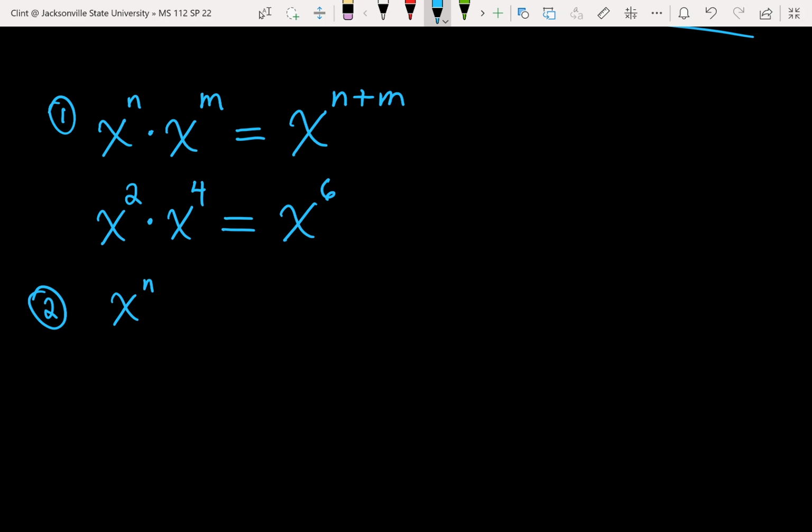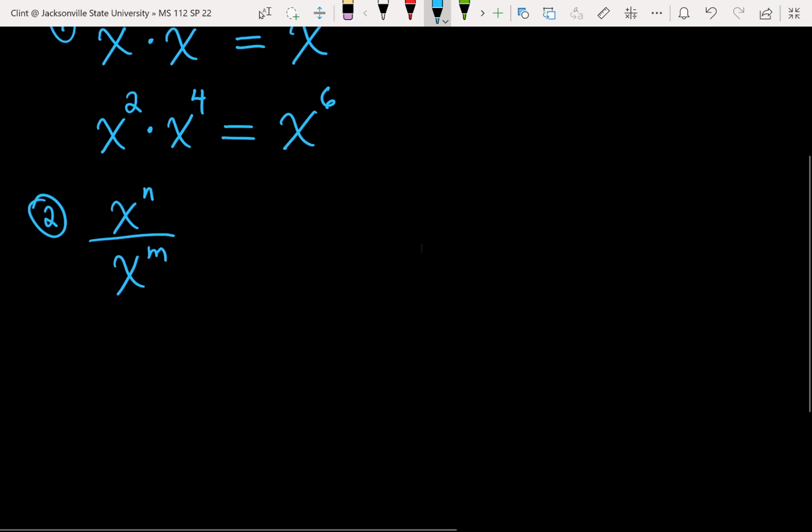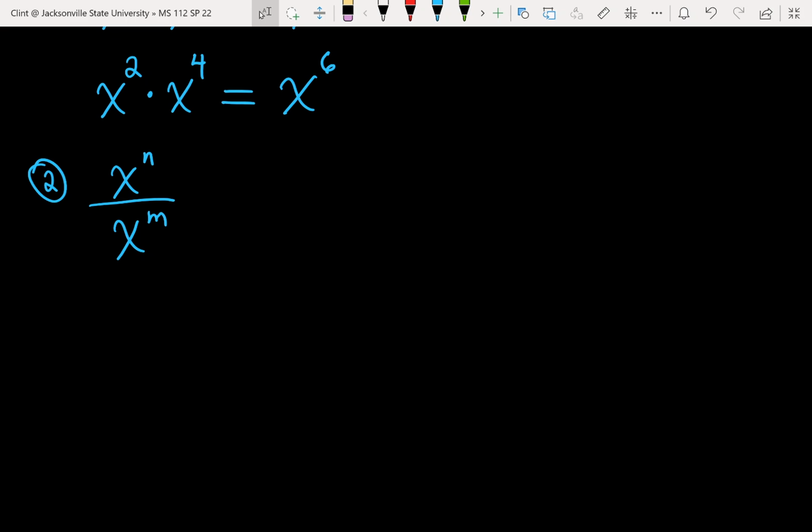So we could also have the situation where we're dividing. What a fraction means, right? A fraction is division. So similar situation, we're just dividing instead of multiplying.